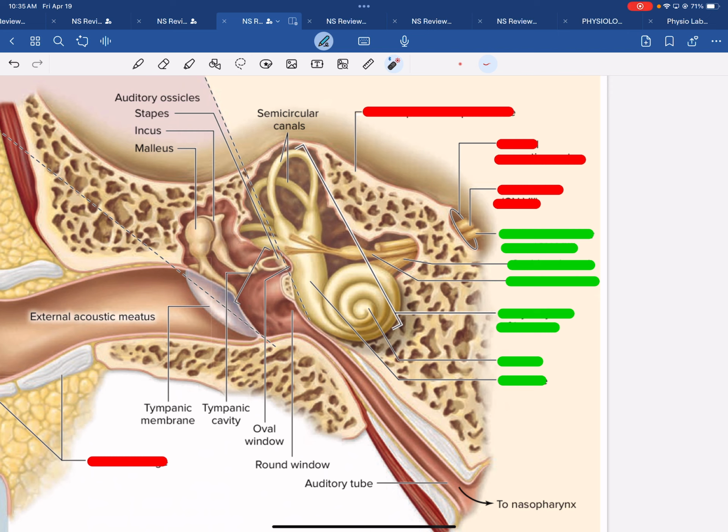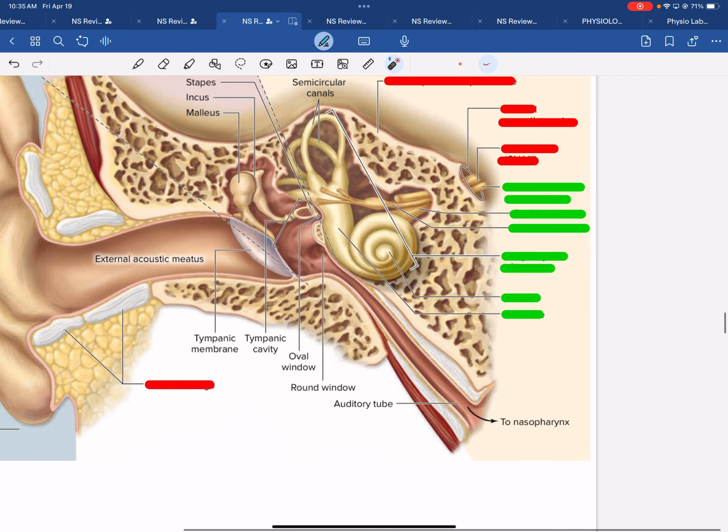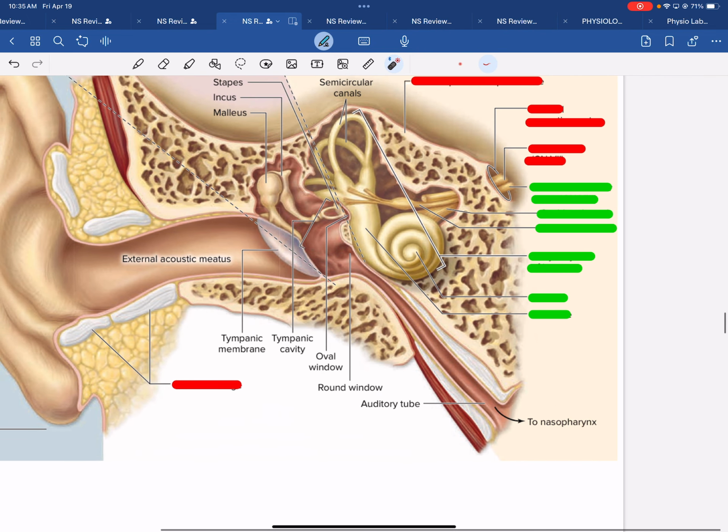Exactly, good. So it connects the tympanic cavity to the nasopharynx to help equalize the pressure between the tympanic cavity and the atmosphere, or the pressure in the external acoustic meatus. Have your ears ever popped when you go to high altitudes?